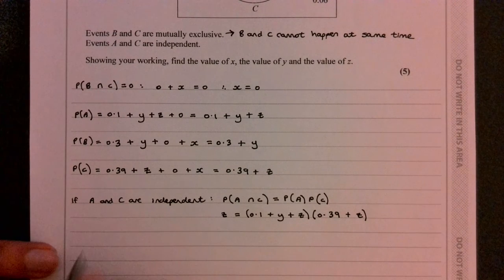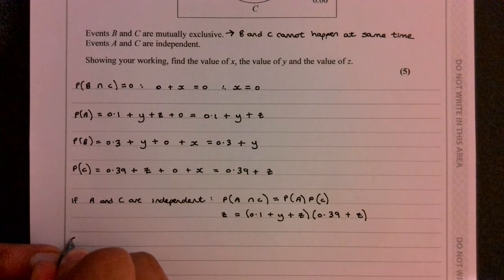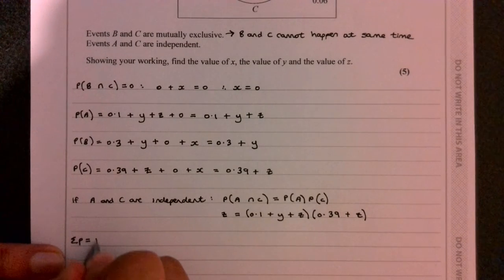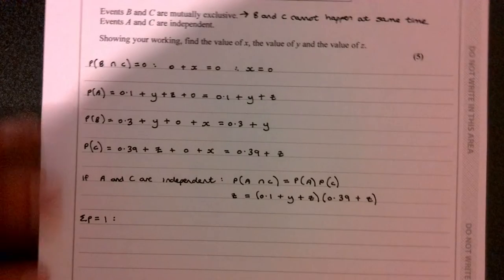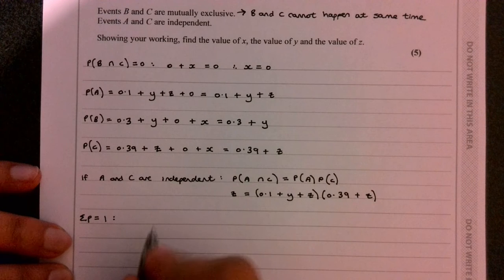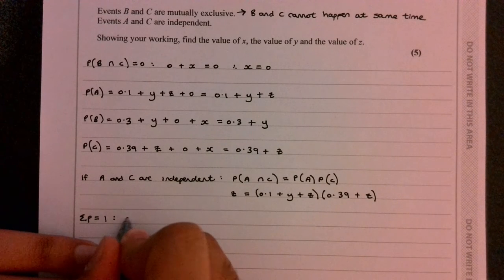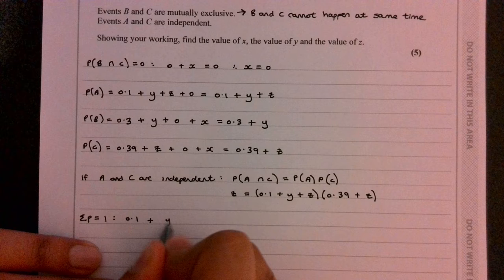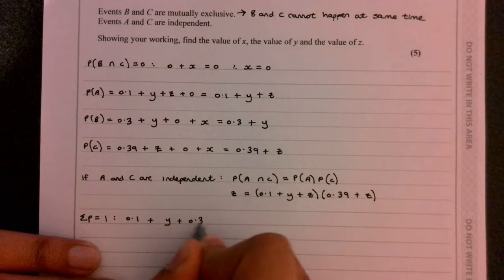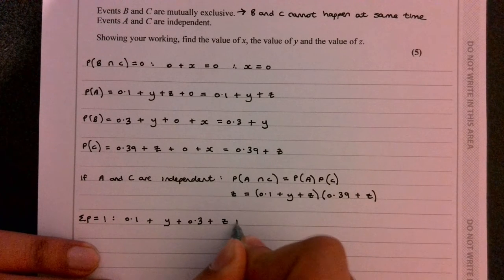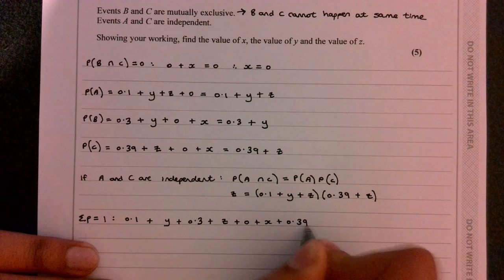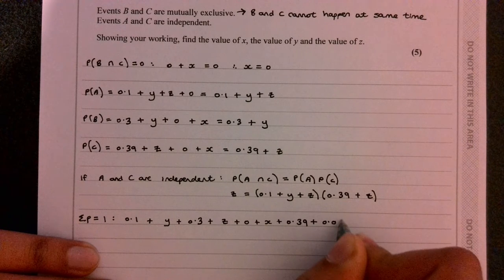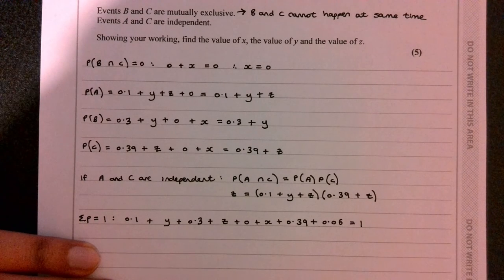We also know that probability adds up to 1. So let's just write that down. The sum of probabilities is equal to 1, and if we use this, we can add up everything shown over here, and we can equate that to 1. So we have over here 0.1 plus y plus 0.3 plus z plus 0 plus x plus the 0.39 plus the 0.06. All this is equal to 1.